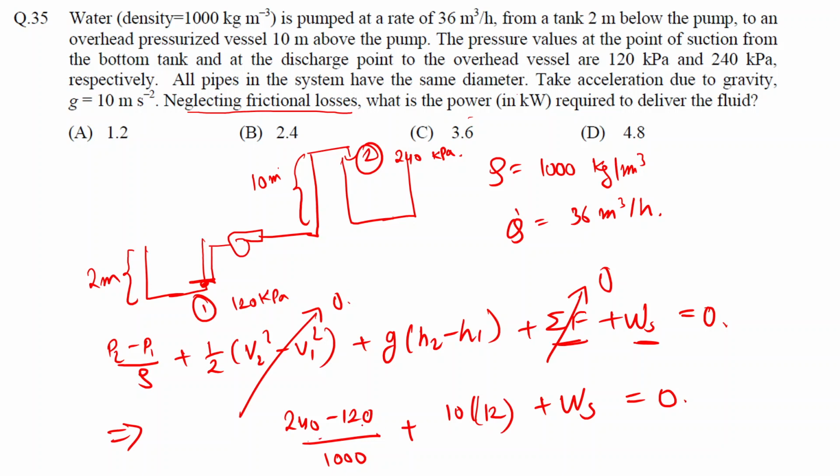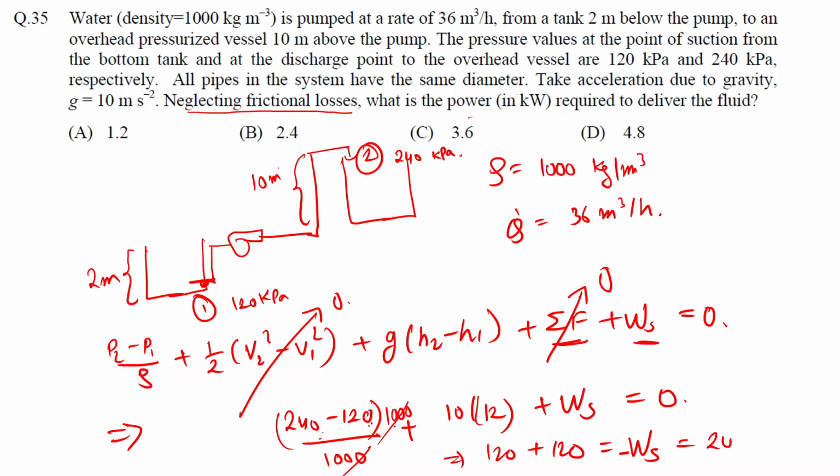Now this was in kilopascal, so we can change it into pascal by multiplying by 1000. So ultimately the pressure in pascal upon the density, that is 240 minus 120, is 120, plus 120 is equal to the work.